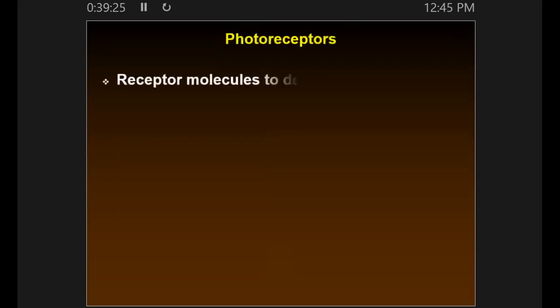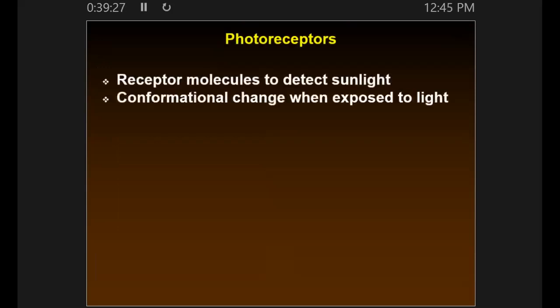So these photoreceptors, the way they tend to work, it seems like it's this shape-shifting idea where once they absorb the quality of light that they're adapted to, that causes a shape shift in their overall morphology. And that is what is telling the plant some important information.